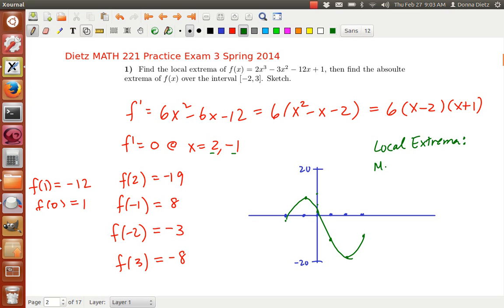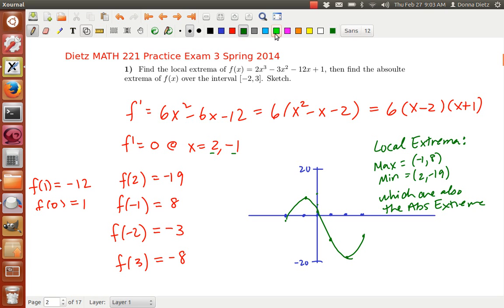And then you would say the max is at -1, 8, and the min is at 2, -19. And it turns out that those are also the absolute extrema. And why is that?